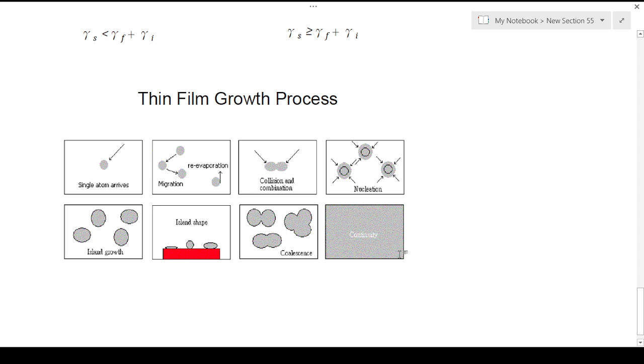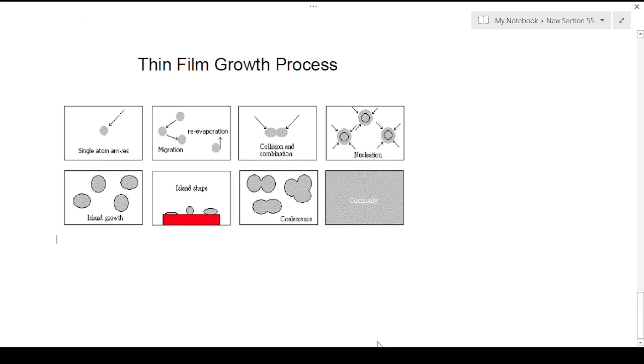In the thin film growth process, an important parameter is time, and temperature also plays an important role. How much time you give the thin film to deposit is important for continuous film preparation.